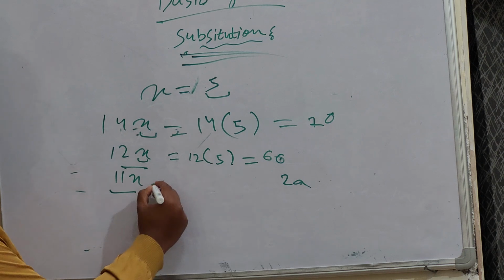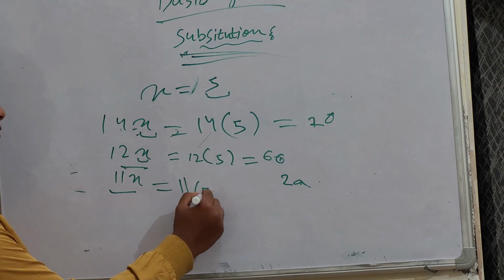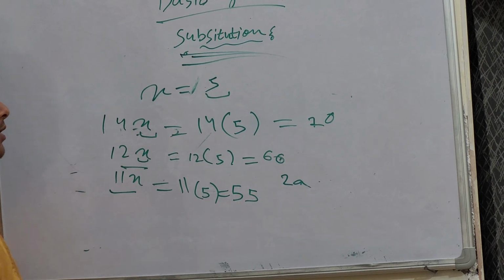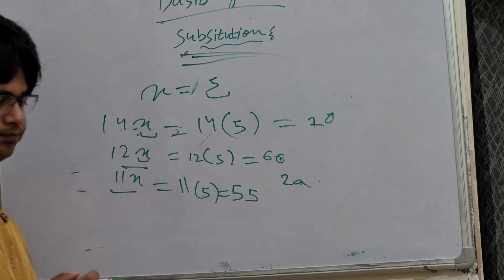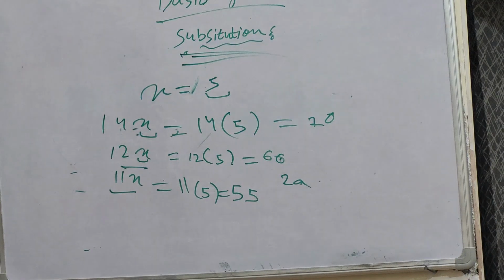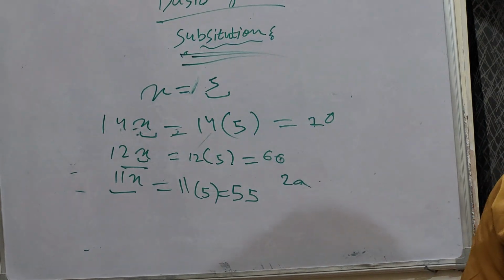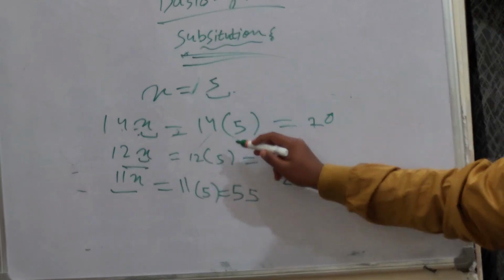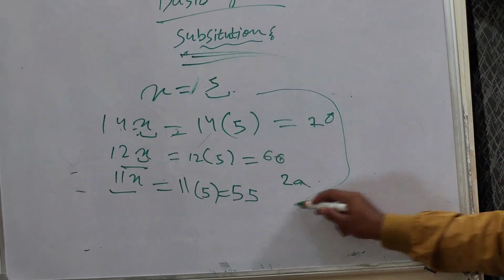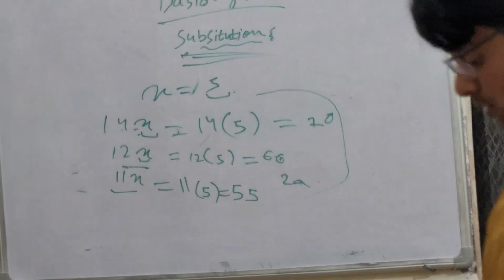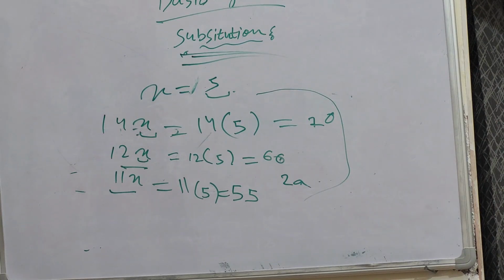Right, and in 11x, 55, right? So this is what substitution means. In the given question, the value of x is given as 5, and you simply put it in the given variables. Let us take some other, more complex examples.